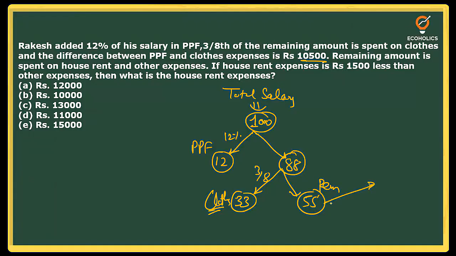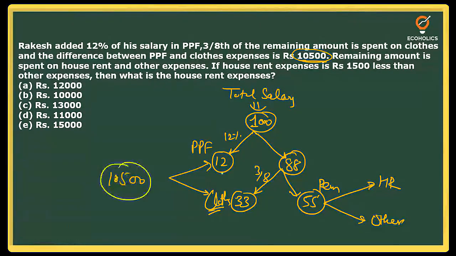And this remaining amount is distributed in two parts. One is house rent and the second one is the others. Question saying the difference between PPF and clothes is how much? That is 10,500. So 10,500 is the difference here. What is the difference between these two?